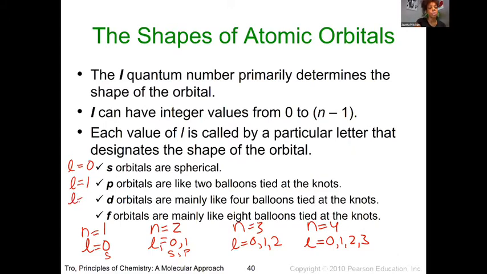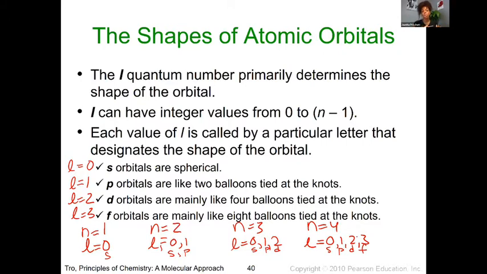When L is equal to 2, those are your d orbitals, so in the third energy level, we have s's, p's, and d's. And when L is equal to 3, those are your f orbitals, and that means in the fourth energy level, we have all of the different types of orbitals found.